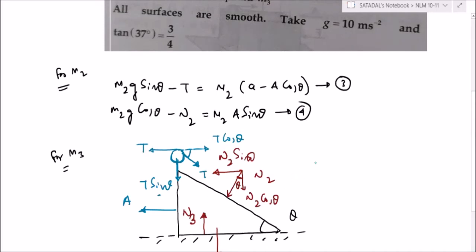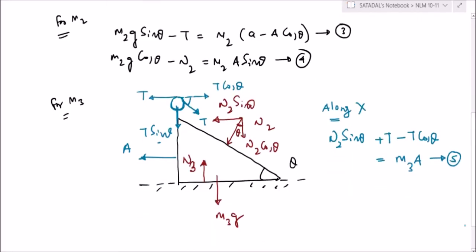So now, along x, what is going to be the equation? N2 sin theta plus T minus T cos theta is equal to M3 into capital A. Equation number 5. Okay?